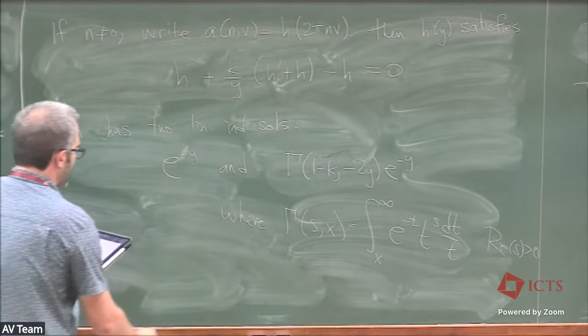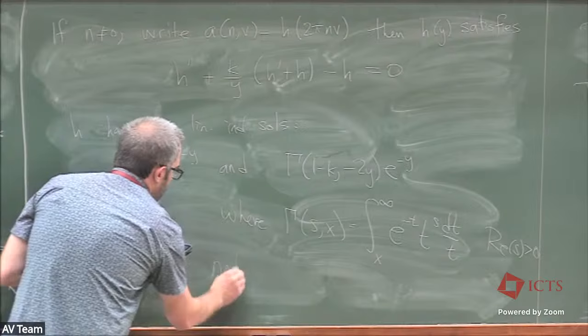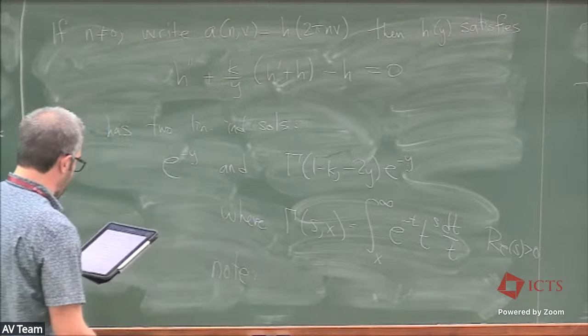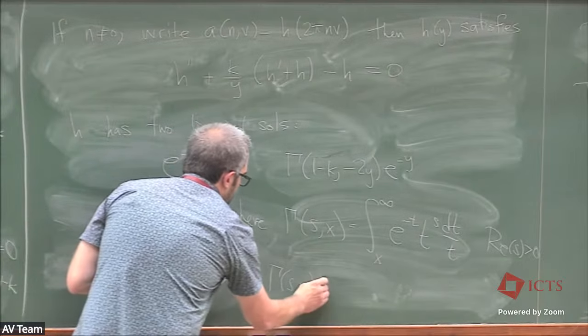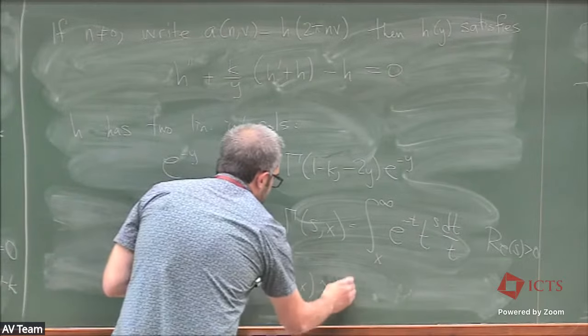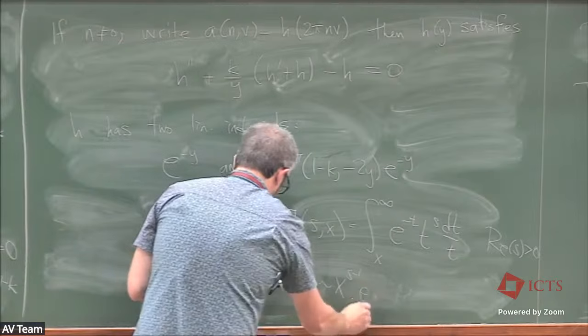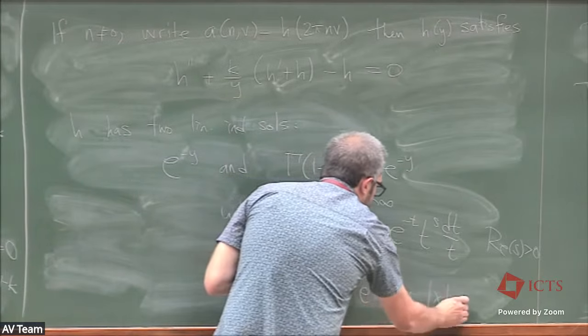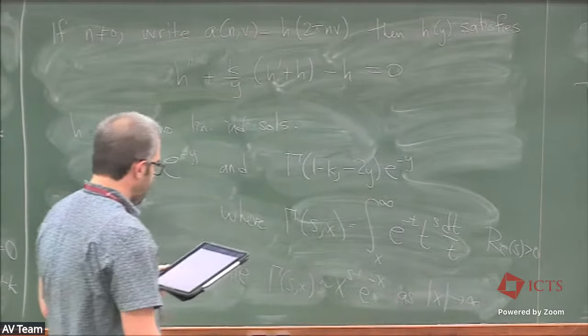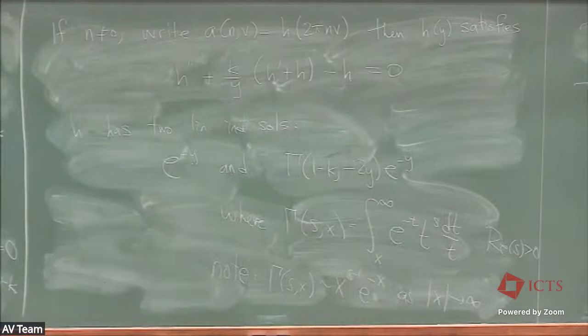Okay, and then it's important to think about how big this thing is, how it grows. Γ(s, x) is asymptotic to x^(s-1) e^(-x) as the absolute value of x goes to infinity. It's not too hard to check that.